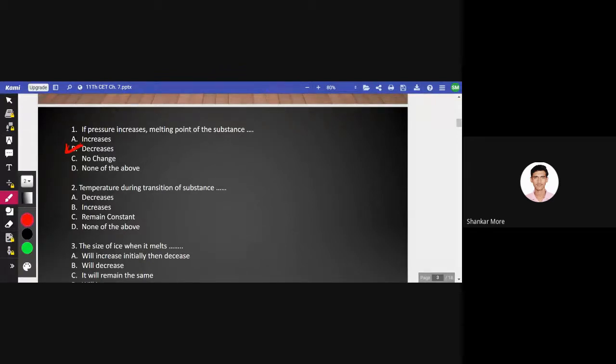No answers as of now in the chat box. Only one answer: that it remains constant. Yeah, so the correct option is that it remains constant. Temperature during transition of a substance remains constant. Option C is correct.